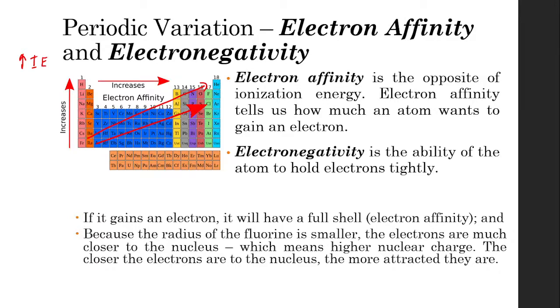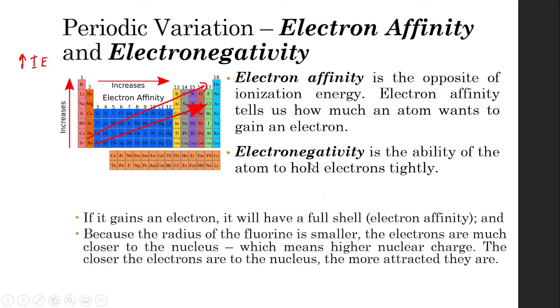And also for electronegativity, which is the ability of the atom to hold onto the electron. You may get confused because electron affinity and electronegativity are very much the same, but electron affinity is basically gaining an electron, opposite of ionization energy, which is losing an electron.